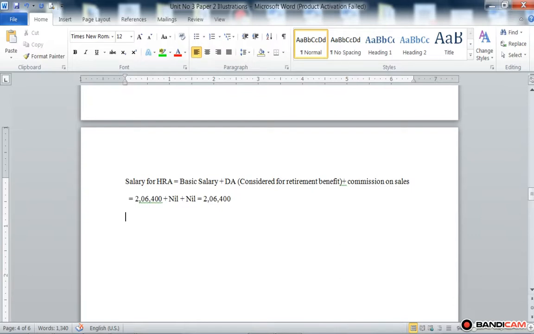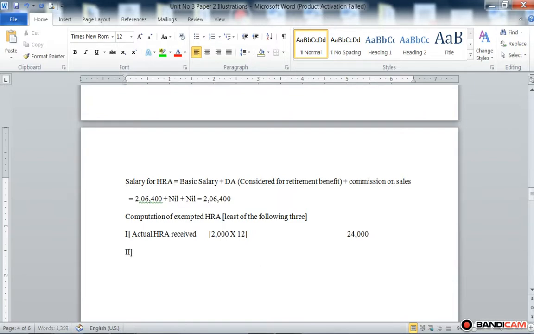So working note number one, computation of exempted HRA, list of the following three, or minimum of the following three is allowed for deduction. So first point, actual HRA received, that is 2,000 multiplied by 12 is equal to 24,000.